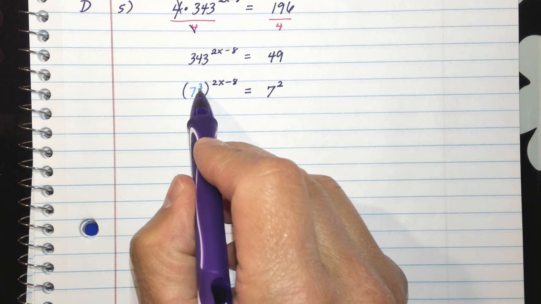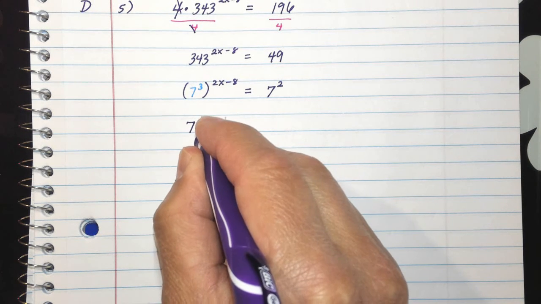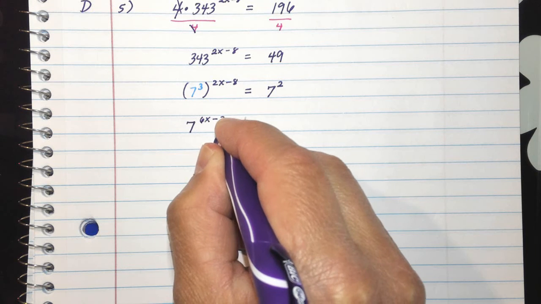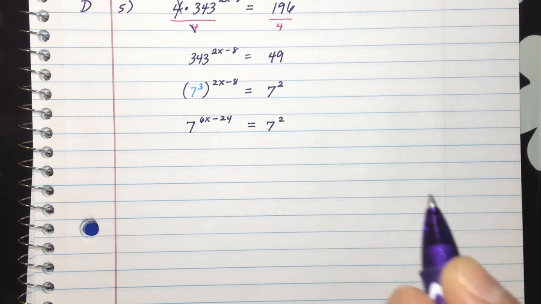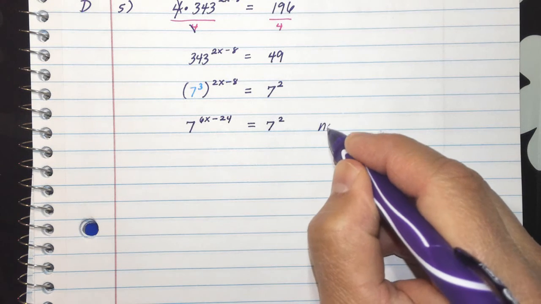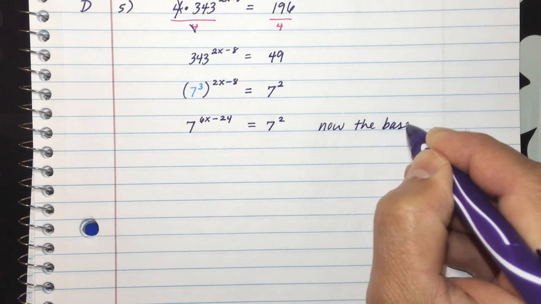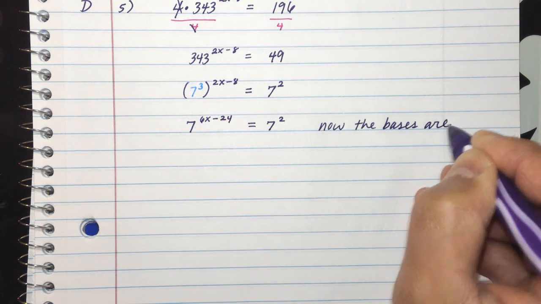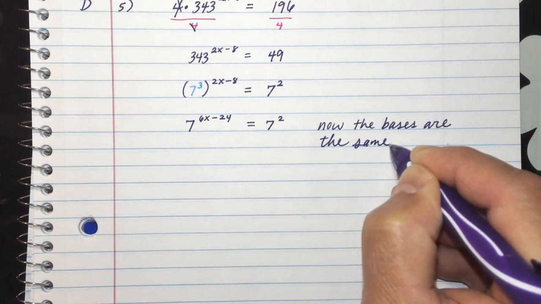So 3 times 2x minus 8 is 6x minus 24. Bam, look at that. Now the bases are the same and there's no parentheses.